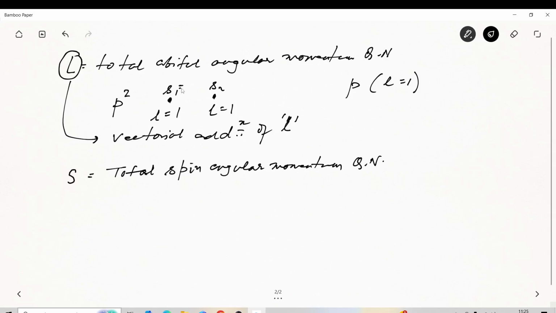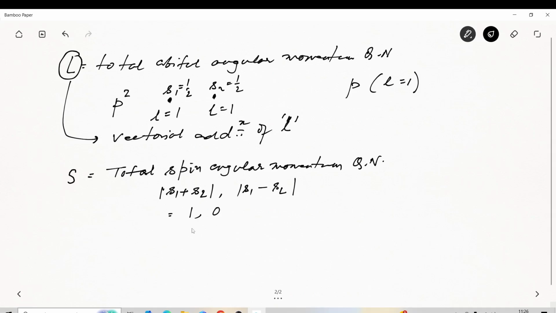Now you know the value of s is always half, isn't it? So total spin for two electrons can be either S1 plus S2 or S1 minus S2. That means either half plus half, 1, or half minus half, 0.